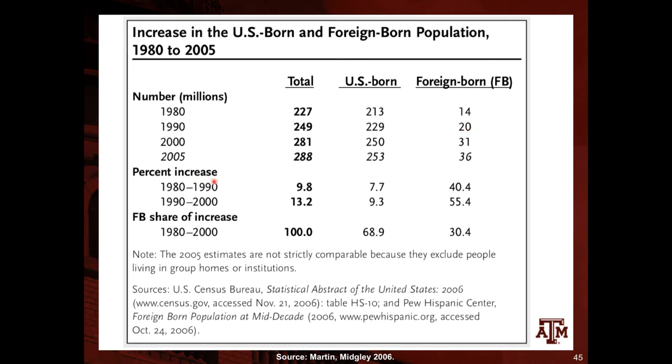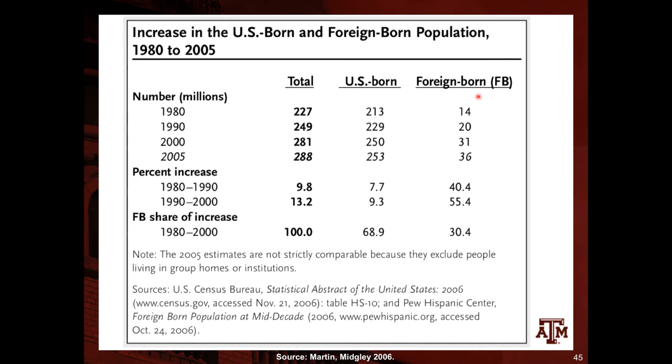And in terms of percentage increase, you see that the US-born population increased from 213 million back in 1980 to 253 million in 2005. In terms of percentage, this was a 7.7% increase from 1980 to 1990, and 9.3% from 1990 to 2000.